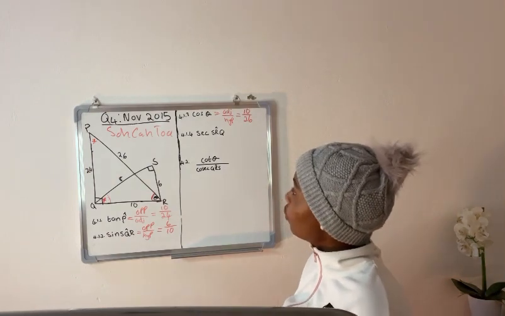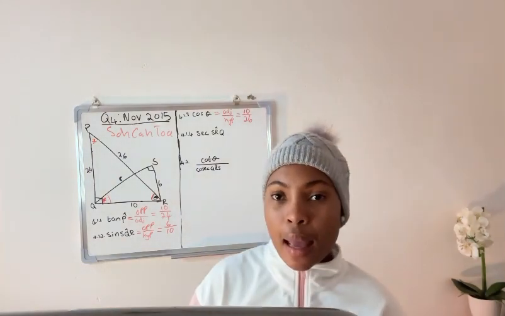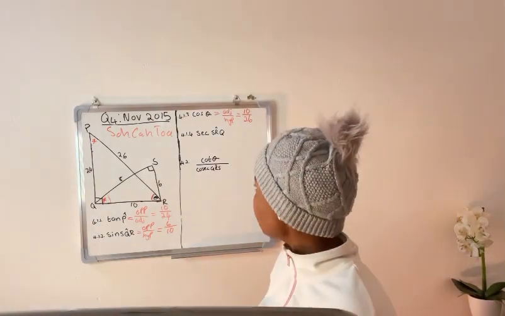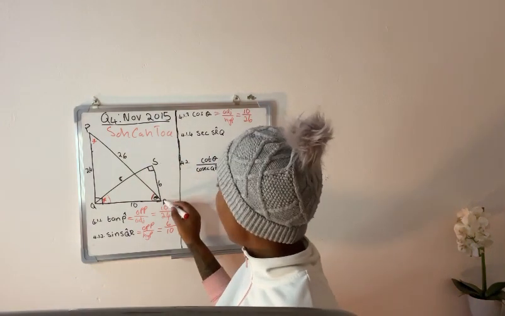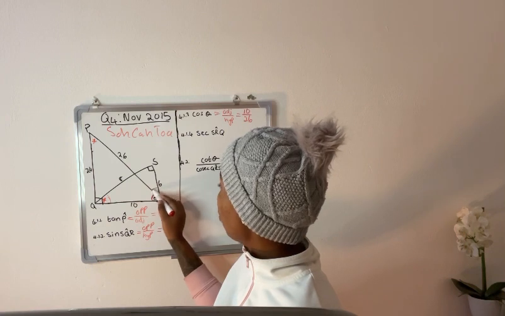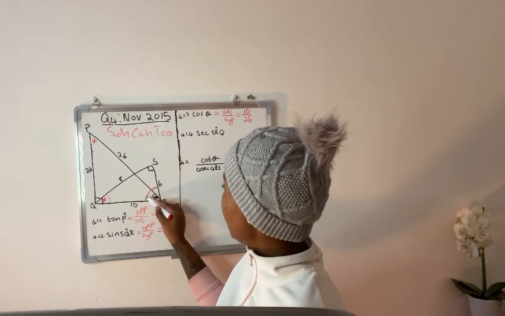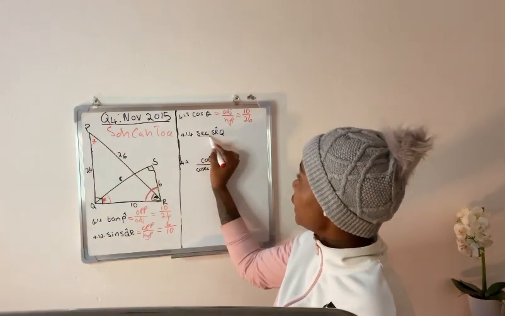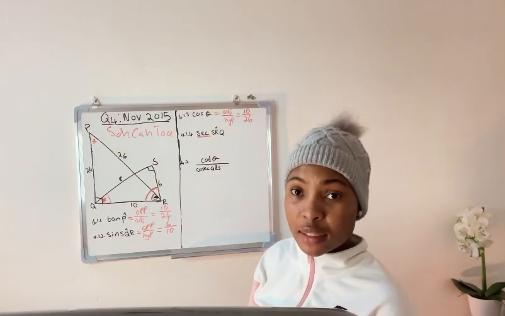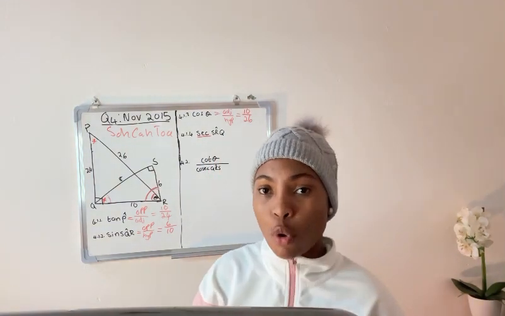Now 4.1.4, we have sec SRQ. Sec angle SRQ, it is the whole of this angle, SRQ. But now we have a sec. Remember, sec is an inverse function of cos.